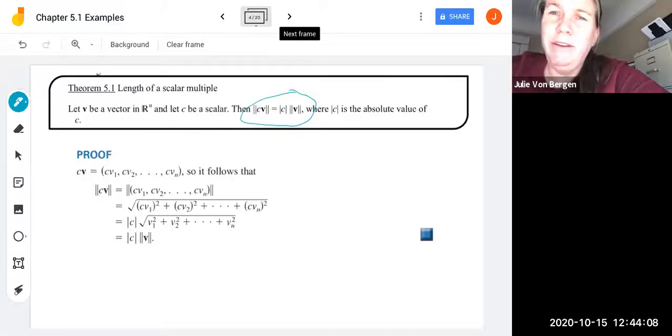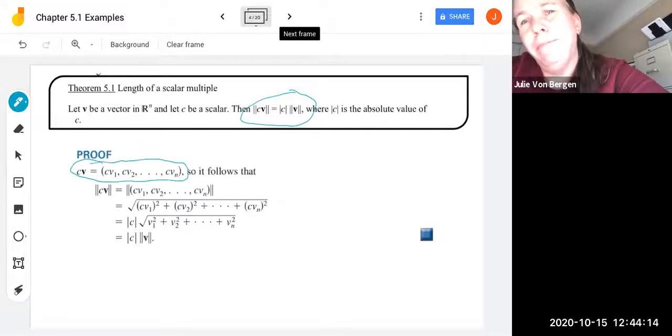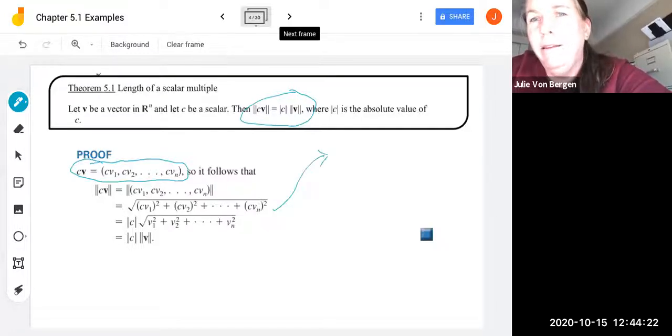We're going to let cv here be c multiplied through by each component, v1 through vn. So then it follows when we do our norm formula here that we're going to have the square root of (cv1) squared plus (cv2) squared, all the way through plus (cvn) squared.